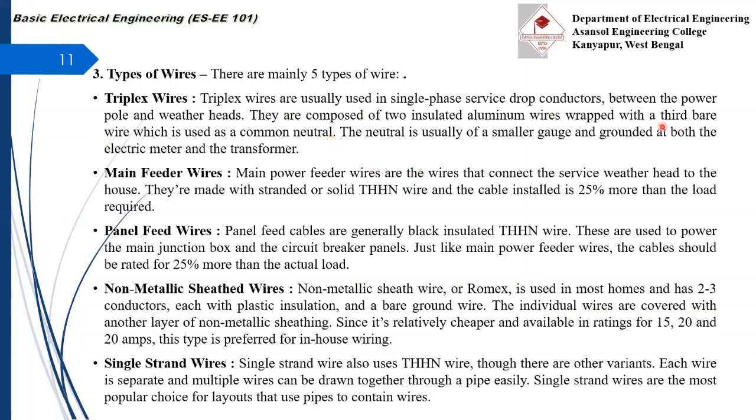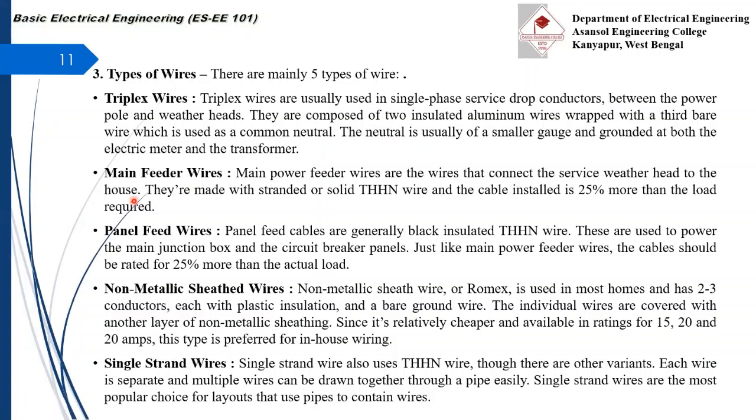Bare wire, what is the meaning of bare wire? That means it is sometimes called naked wire because it doesn't have any kind of insulation over it, right? Next, the neutral is usually of a smaller gauge and grounded at both the electric meter and transformer.